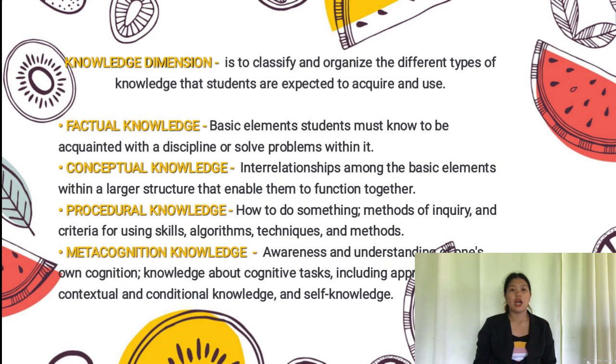Now, the second dimension is the knowledge dimension. The goal of the knowledge dimension is to classify and organize. Earlier, the goal of the cognitive knowledge was to classify and describe. In the knowledge dimension, the goal is to classify and describe the different types of knowledge that students are expected to acquire and use.